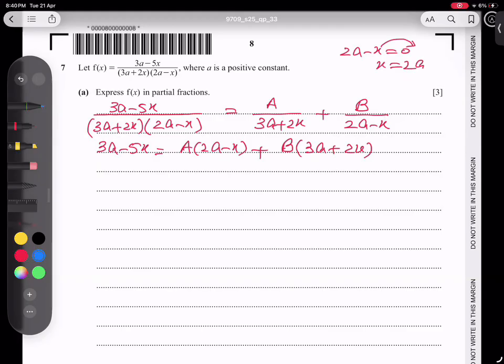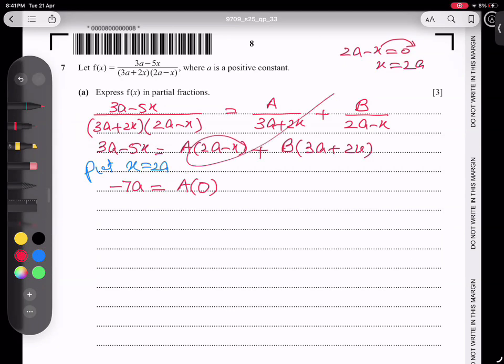So I replace it in the whole equation. When I plug in x as 2a, I'm getting 10a here, and out of 10a, 3a is gone, so negative 7a. When I plug in 2a here, because I kept this equal to 0, this part is completely gone.